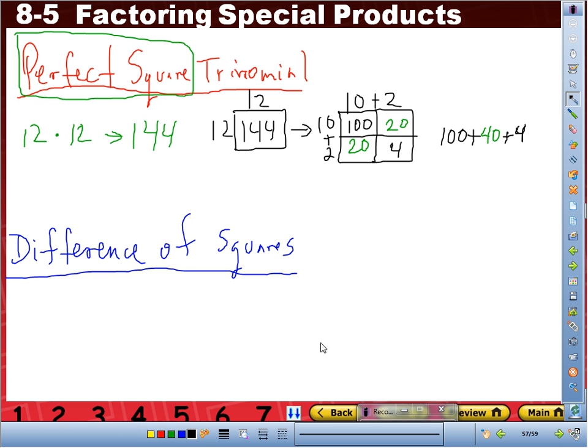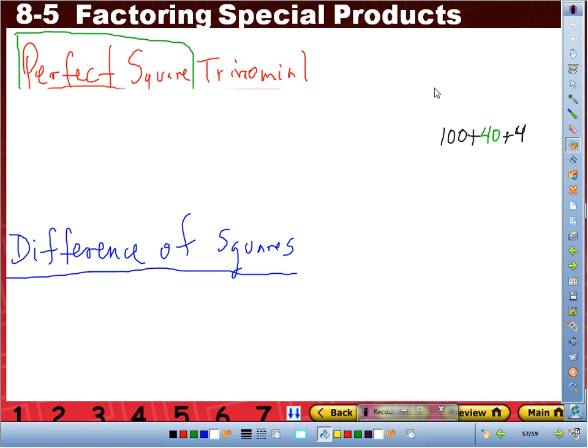Check this out. And this is a pattern. If I was to cover this and give you this, and ask you to check and see if this is a perfect square trinomial, this is how you would check it. Watch. Square root of the first term is 10.